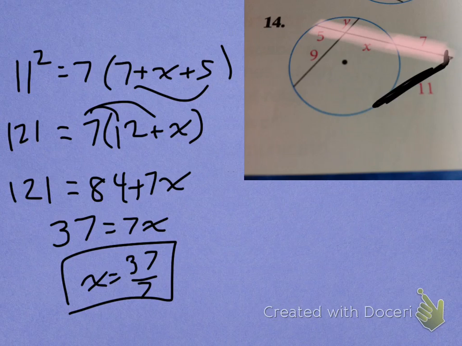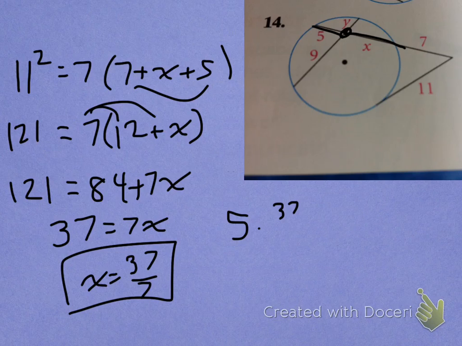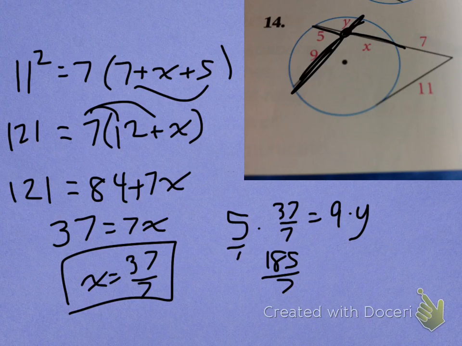Now, I can go into the circle to solve for y. Now that I know x, I can solve for y. So again, starting with this point here, one of my paths will be 5 times x, or 37 over 7, equals the other path, 9 times y. Well, 5 over 1 times 37 over 7 would give you 185 over 7 equals 9y.